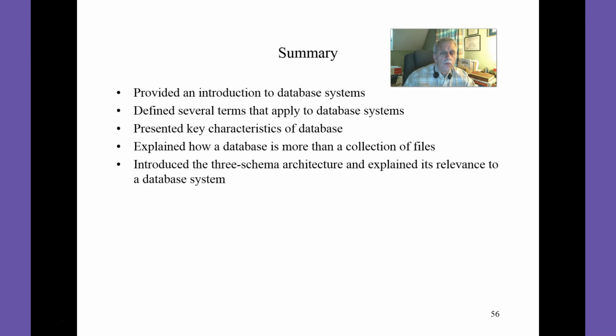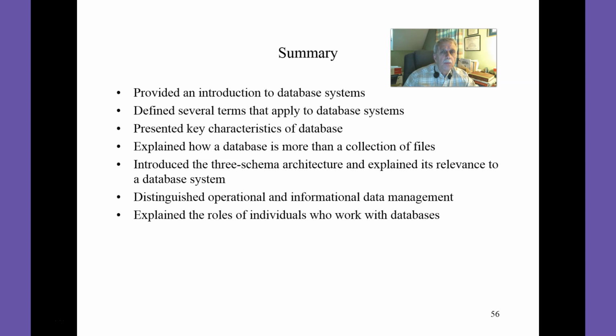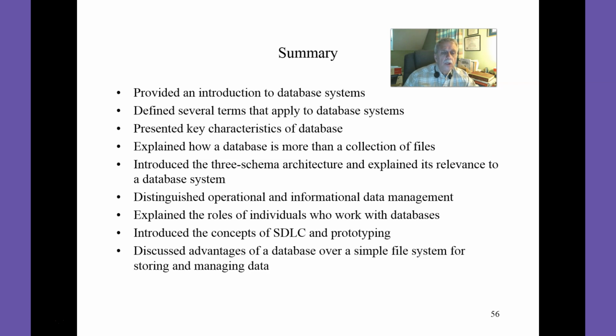We introduced the three-schema architecture and explained how it is relevant to a database system. We distinguished operational and informational data management. And we explained the roles of various individuals within an organization who work with a database. We introduced the concepts for software design of SDLC and prototyping, and we discussed advantages of a database over a simple file system for storing and managing data.